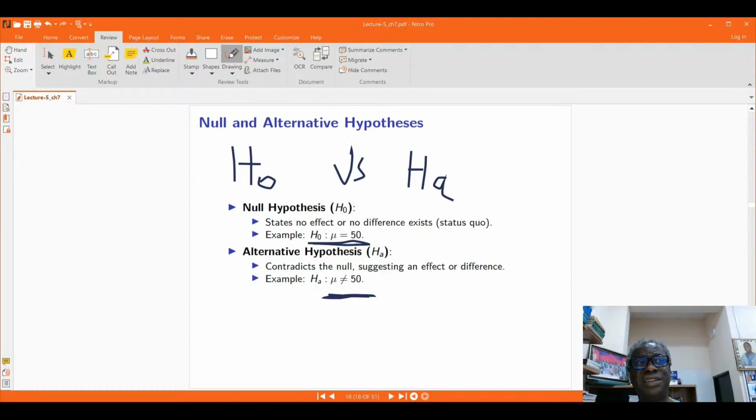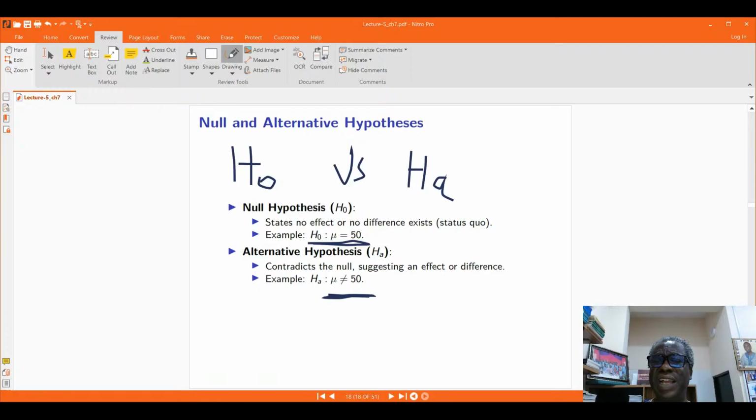That is directional. The alternative could also say it is less than 50. Again, that is directional. So when it is not directional like this, that is when we say it is two-sided. It could be either less or greater than 50. The concern is that it is not 50, but something else other than 50.